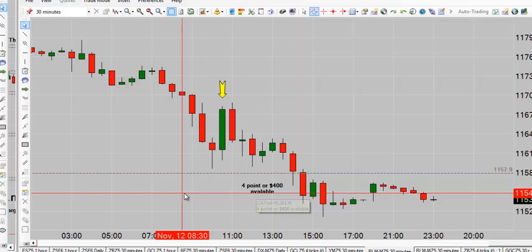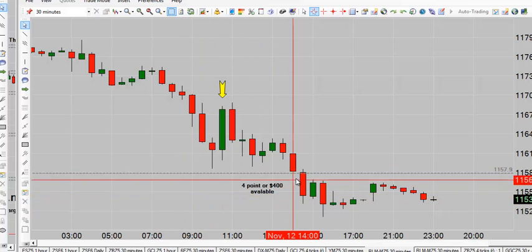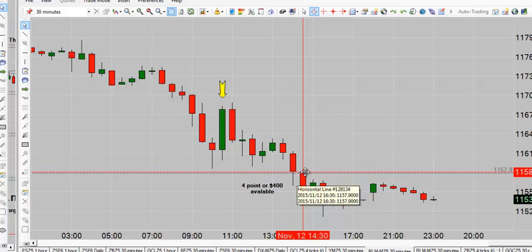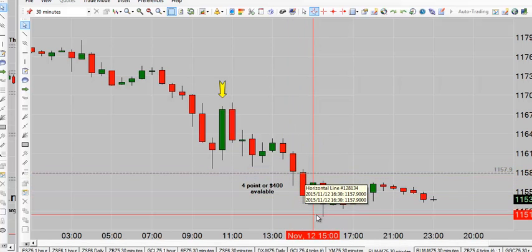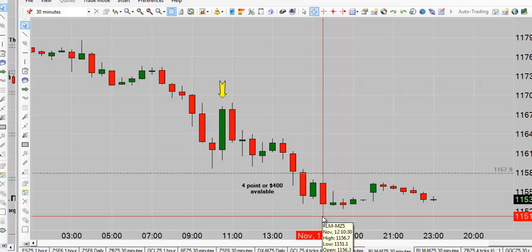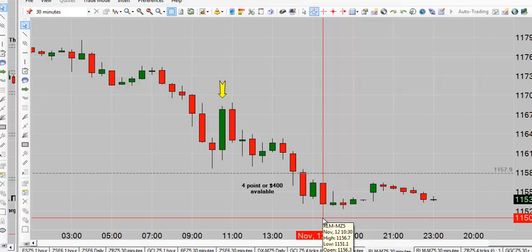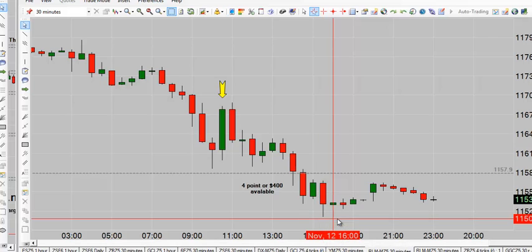Important prices, important areas are almost always tested. So we come back, we trigger again, we put in a swing low down at 1151.10. So I'm going to use my calculator to be quick. 57.9 minus 51.1.